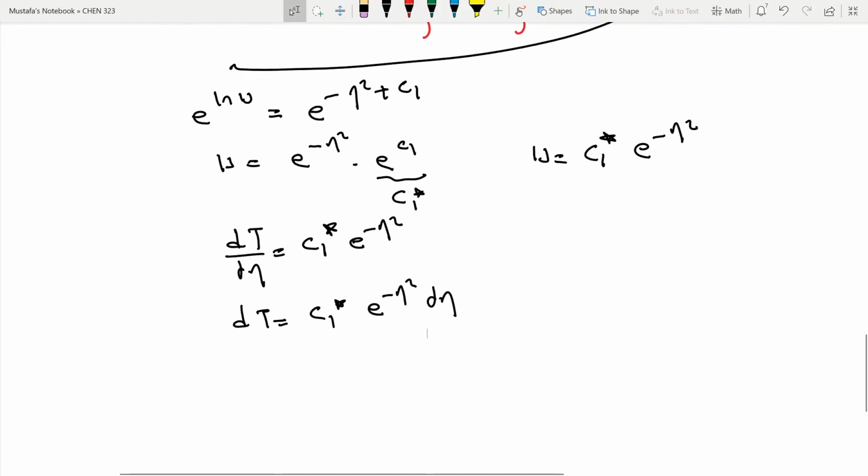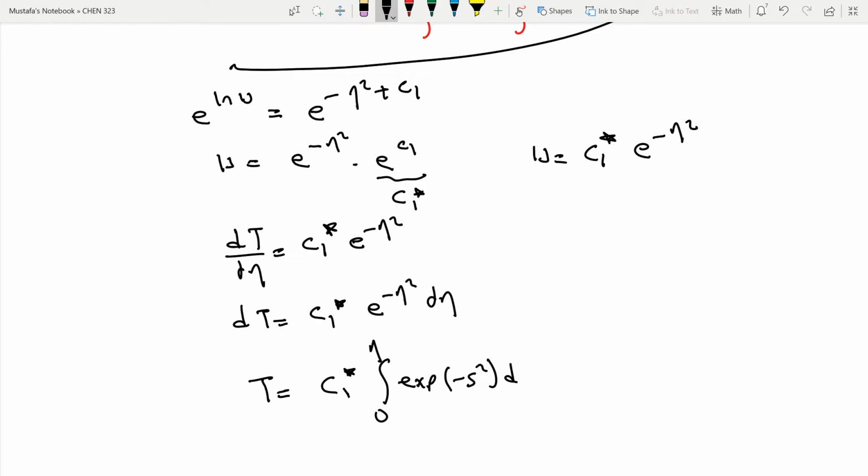So if I would like to calculate T at any time or at any eta value, it is C1 star integral from 0 to eta exponential minus s square ds, plus a constant.